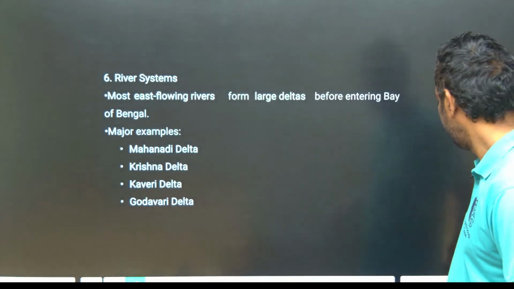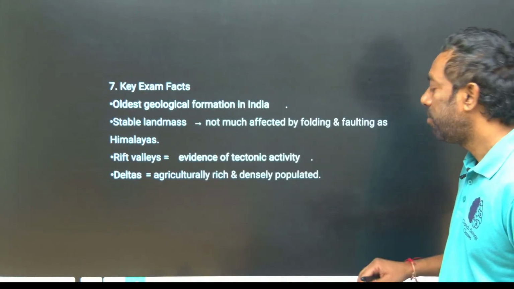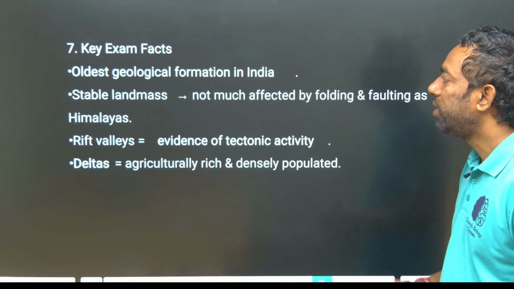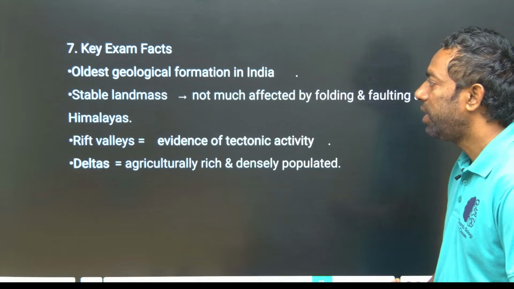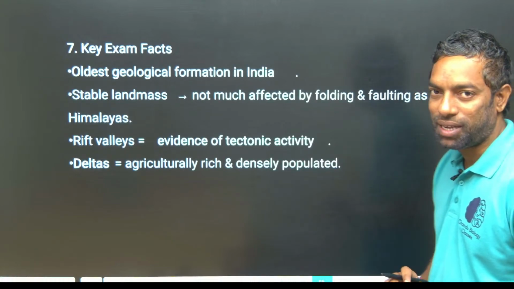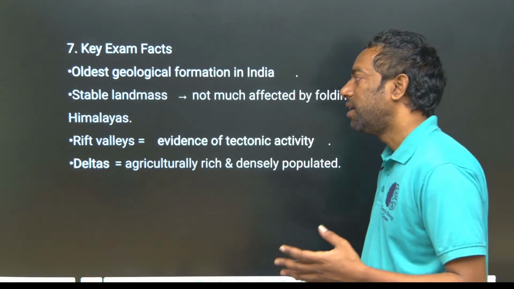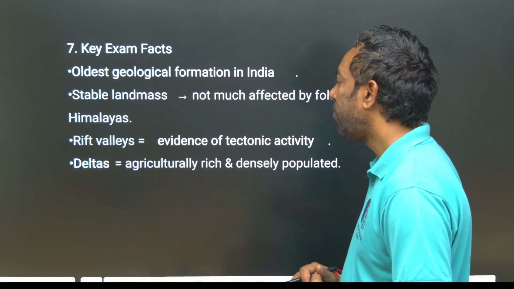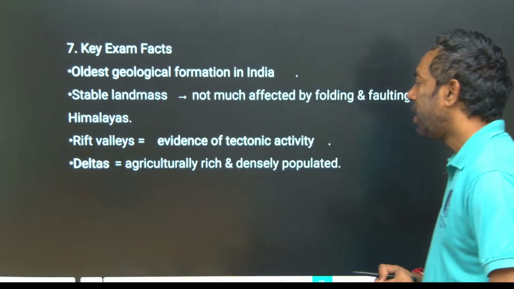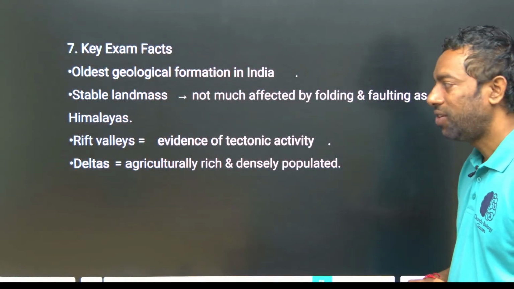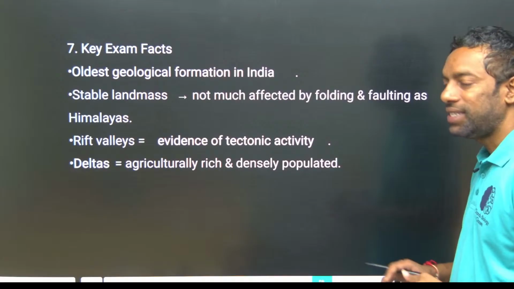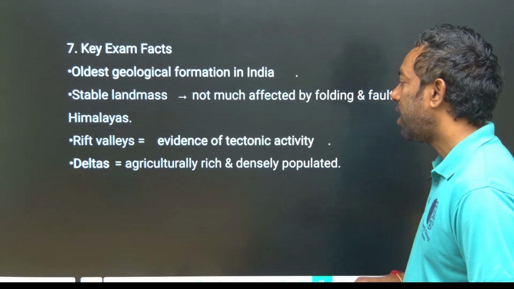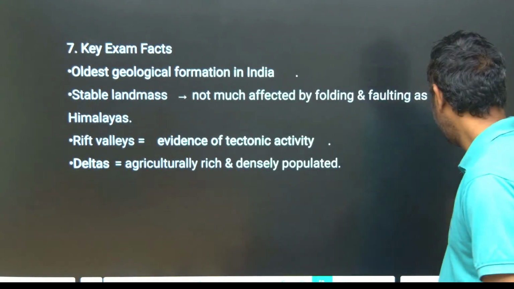From an exam point of view, the key note is that this is the oldest geological formation of India, a stable landmass, unlike the Himalayas. Rift valleys are evidence of tectonic activity. The Kaveri, Krishna and Godavari deltas are rich agricultural areas.